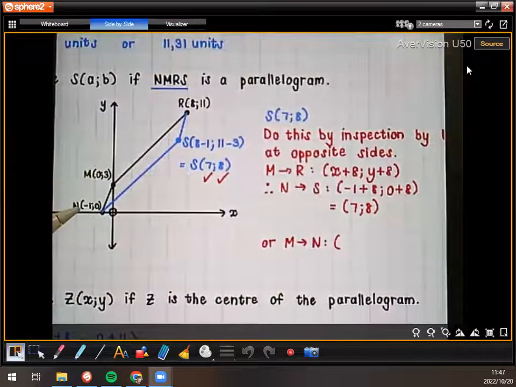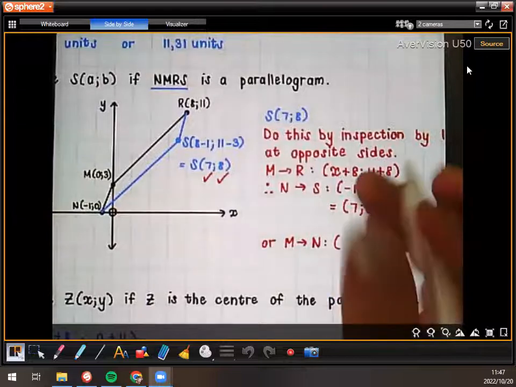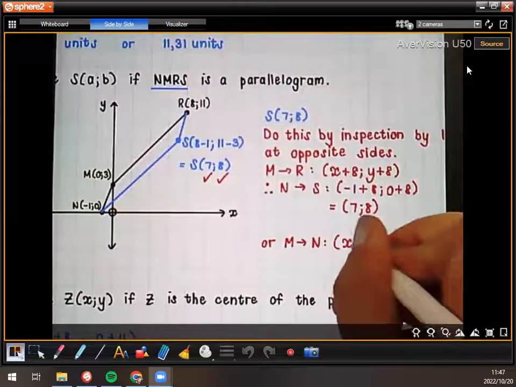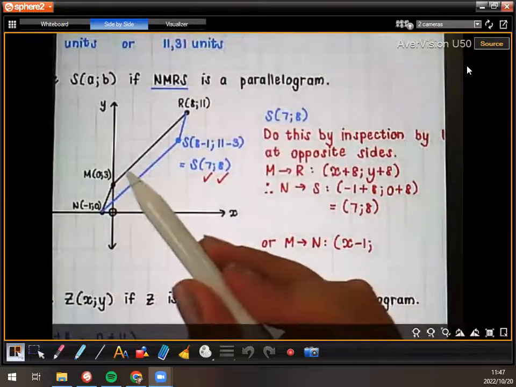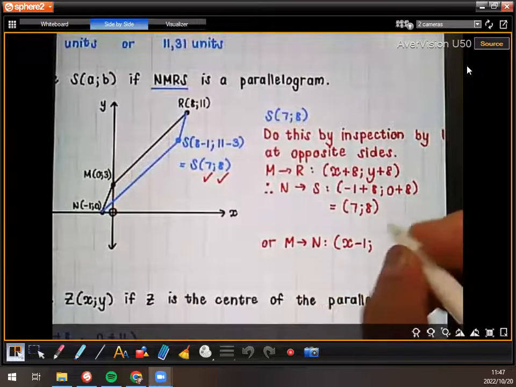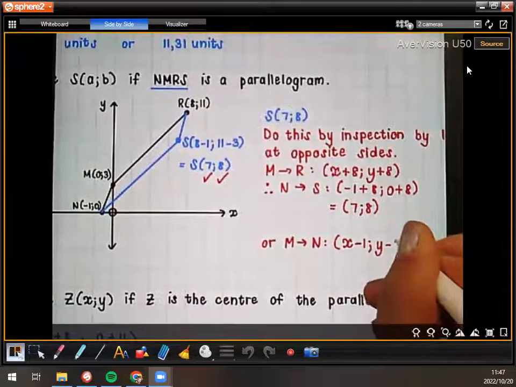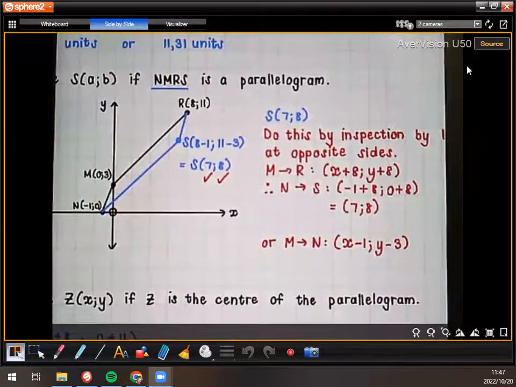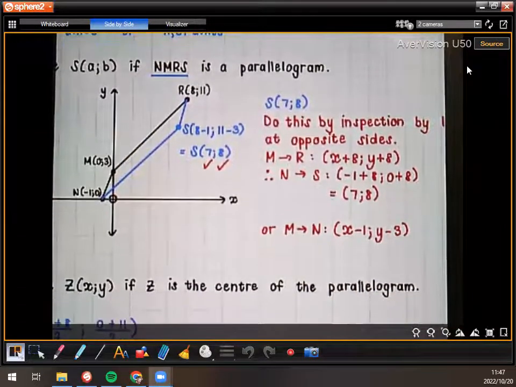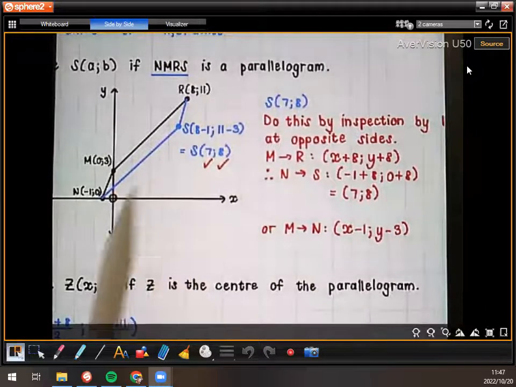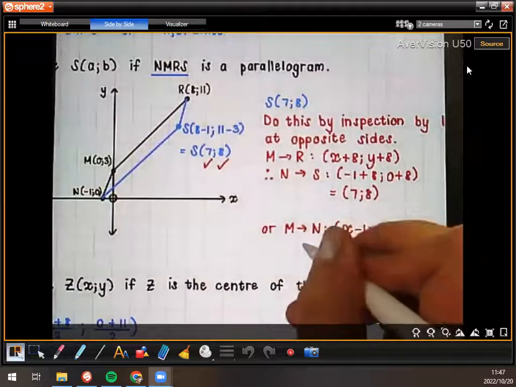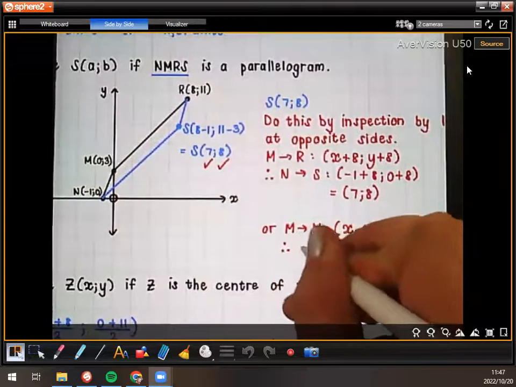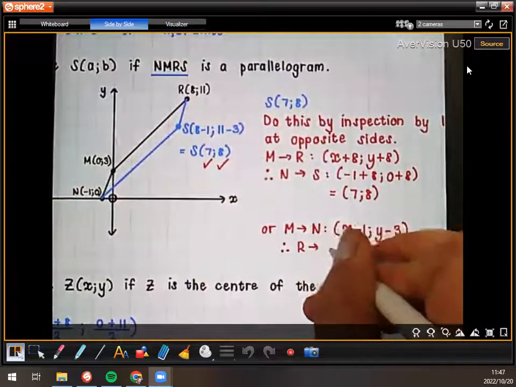From 0 to -1, I subtracted 1. It's going to be x minus 1. And for the y values, I'm going from 3 to 0, so I'm minusing 3. So then the same shift is going to happen from R to S. And that's going to allow us to get the coordinates of this.